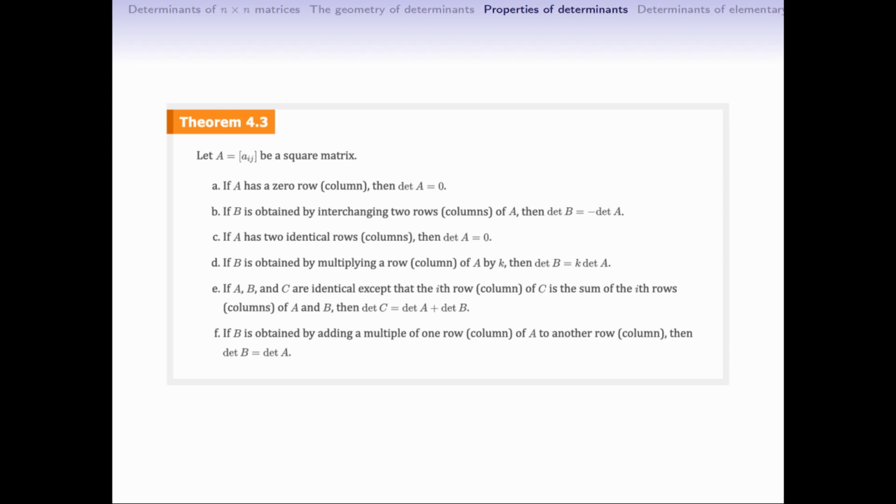Property C says that if A has two identical rows or columns, then the determinant of A must be equal to 0.